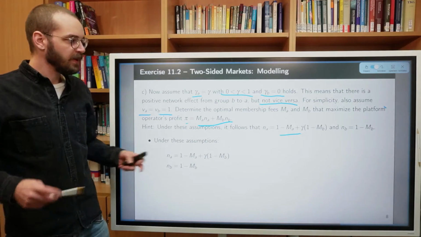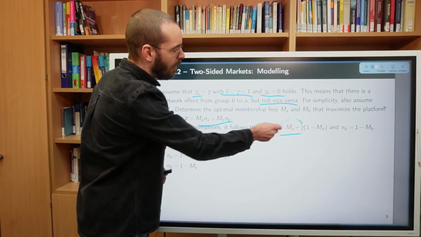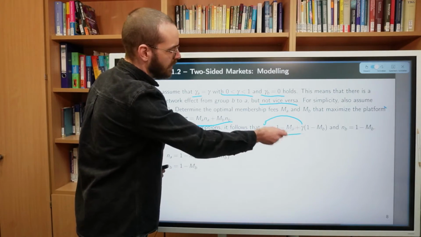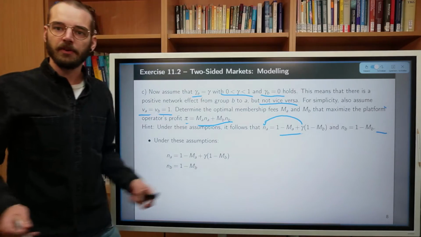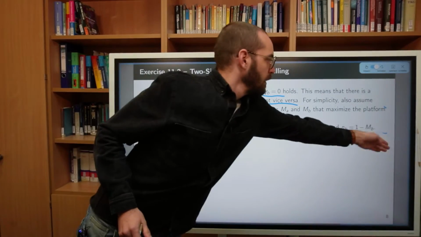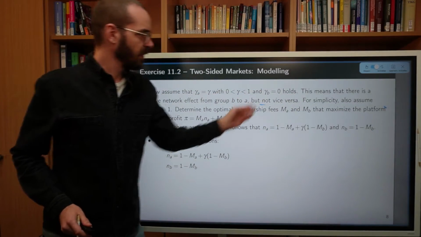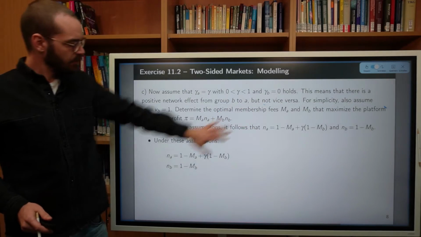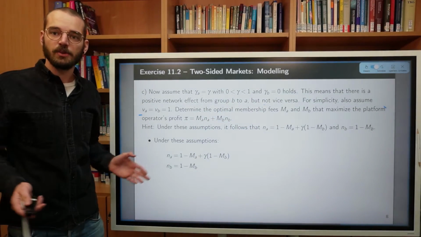What we can see now is still that there is this spillover effect of group B onto group A, and the same is no longer true for group B. To summarize, under these assumptions, we are now faced with the equations we have derived under task B, simplified accordingly.